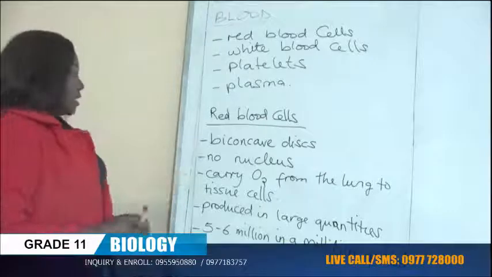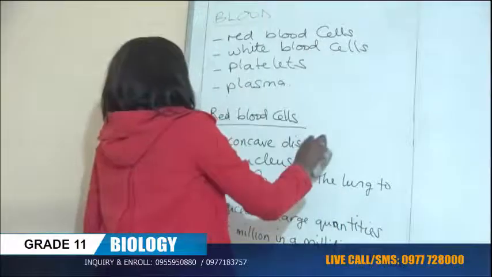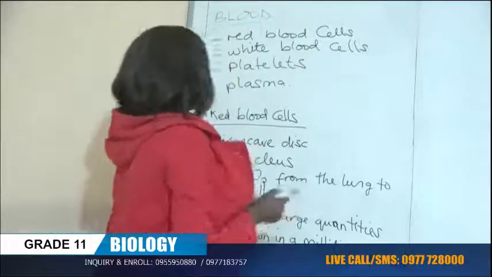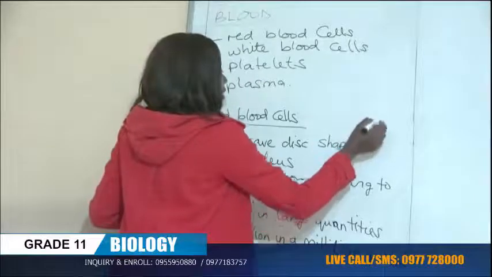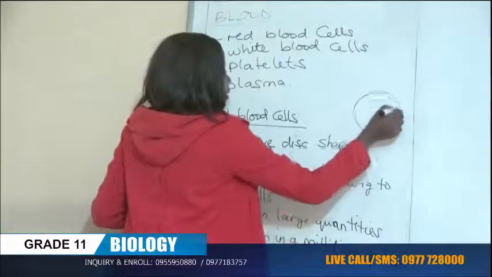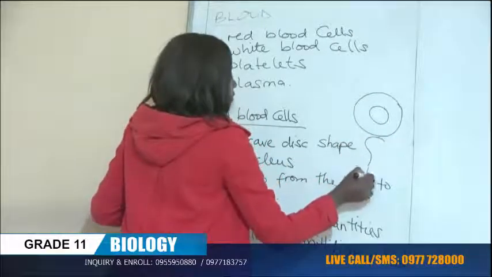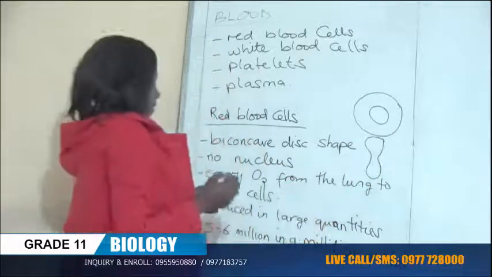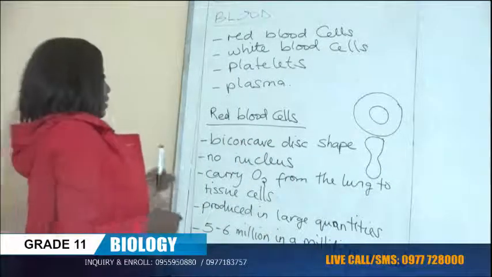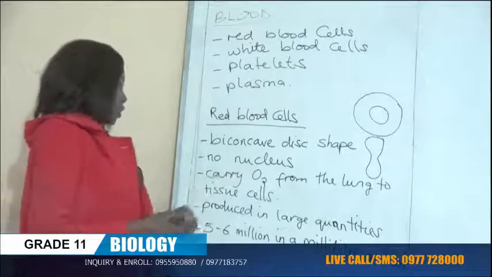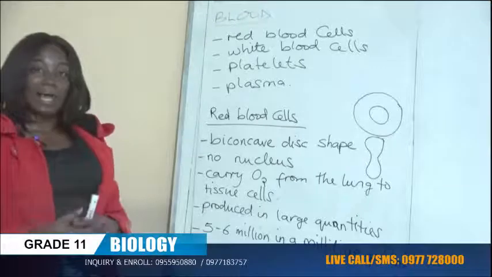They are biconcave disc shaped. So this biconcave disc shape, last time I came with a chart, and their side view looks like this. Okay, so that's a biconcave disc shape. They have no nucleus. They carry oxygen from the lungs to the tissue cells and a small amount of carbon dioxide from the tissue cells to the lungs.